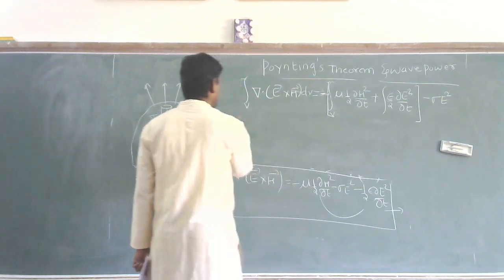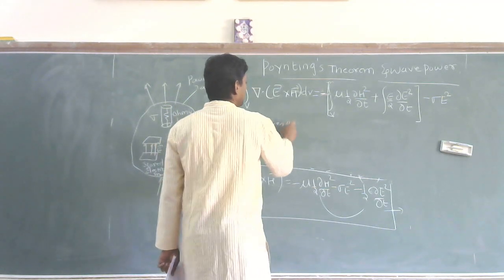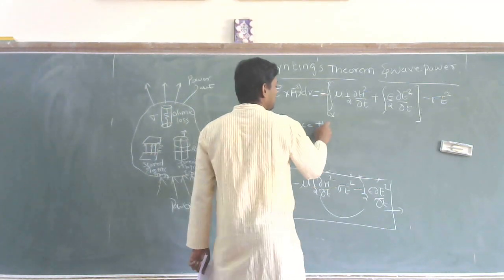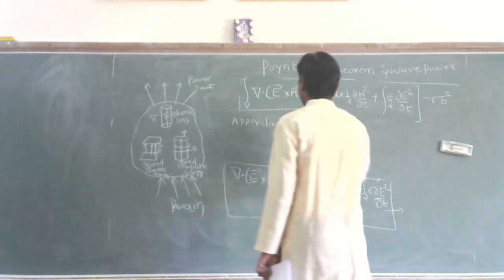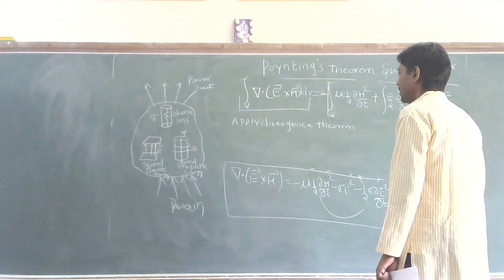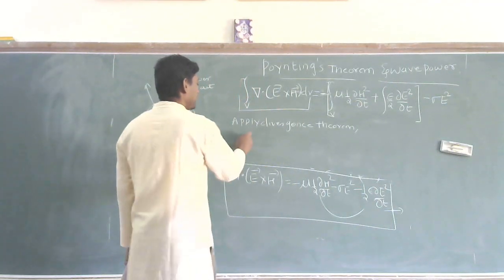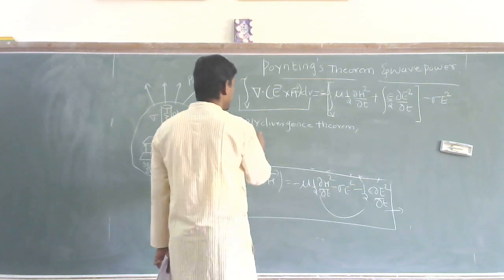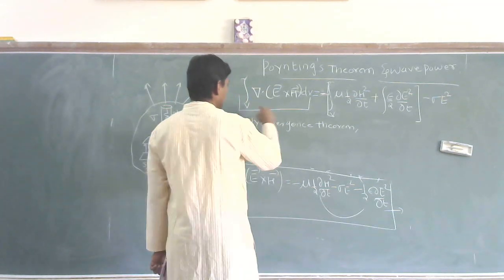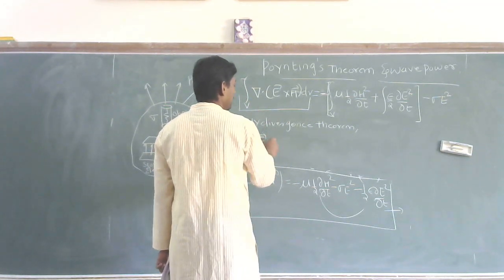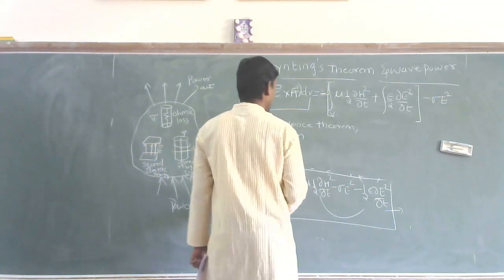So let us apply the divergence theorem to this particular term on the left hand side, which converts the volume integral to a surface integral. So we can write this as the surface integral of E cross H dot ds.